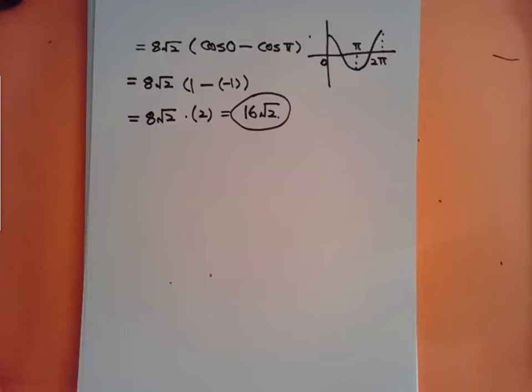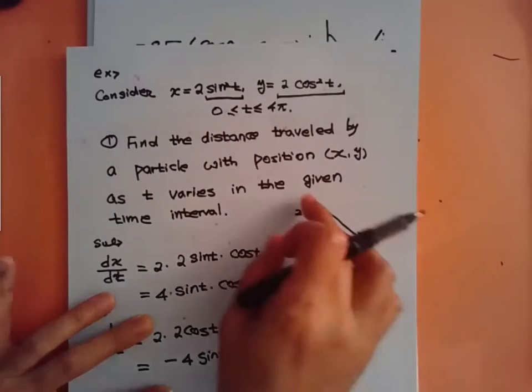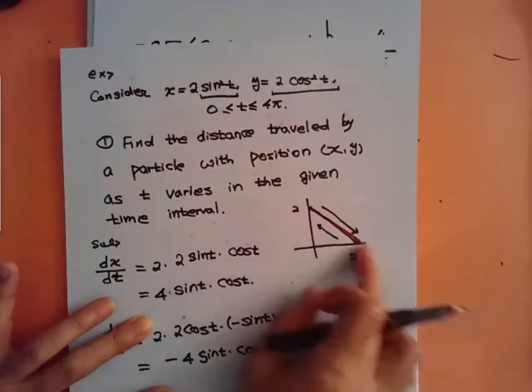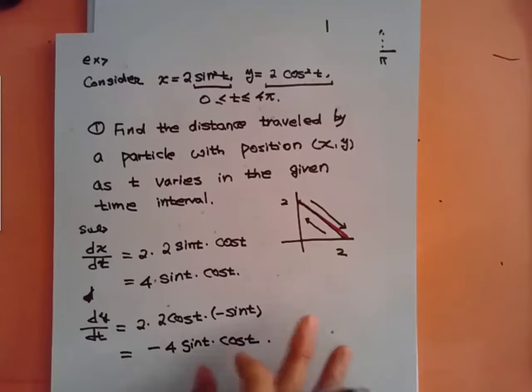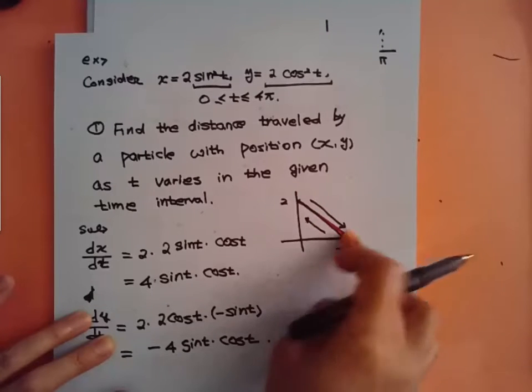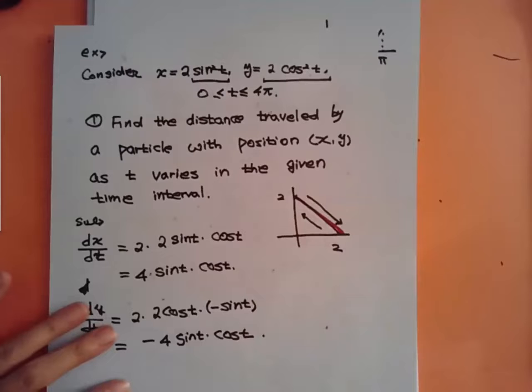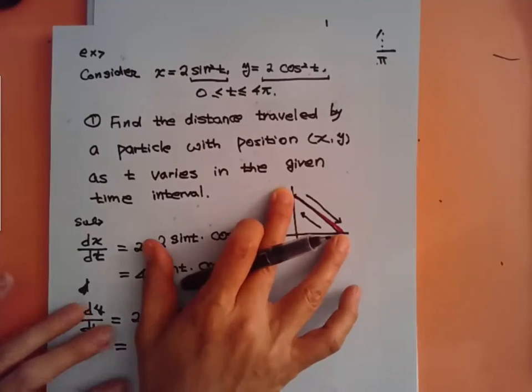The next question is comparing the arc length with the length of the curve. So we were thinking about the distance the particle traveled. I don't know how many times it traveled, but I believe it is 8. But anyway, it travels here and here. The next question is about calculating the length of this line segment.